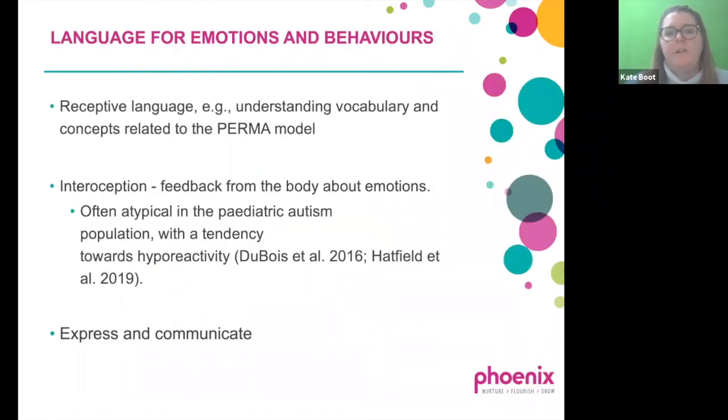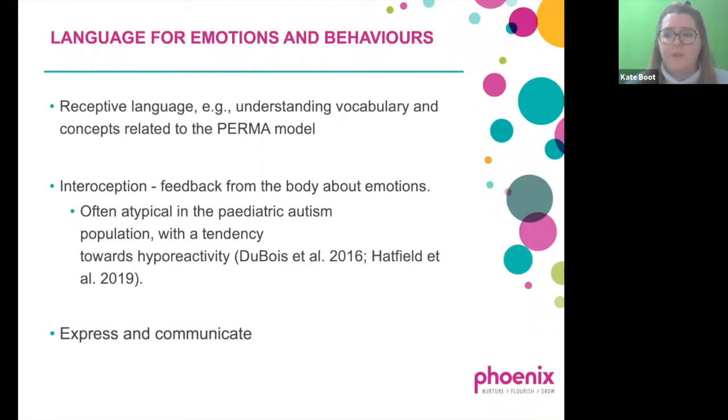So just a little bit about language for emotions and behaviours. In order to know what makes you feel good, what gives life purpose and meaning, and to set short or long-term goals, you need to have good receptive language, as in understanding vocabulary and concepts, particularly the concepts related to the PERMA model. And you need to have good interoceptive awareness.